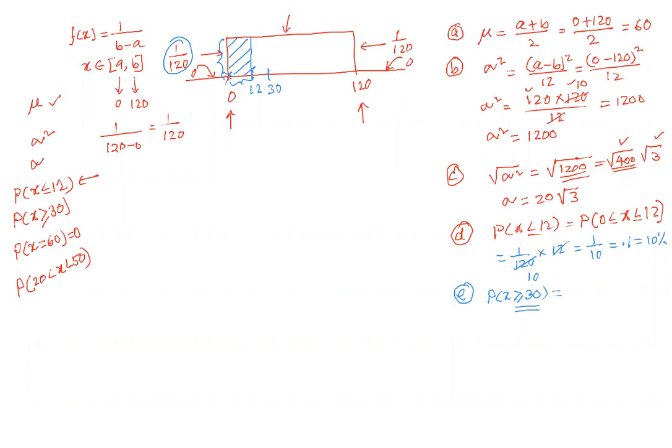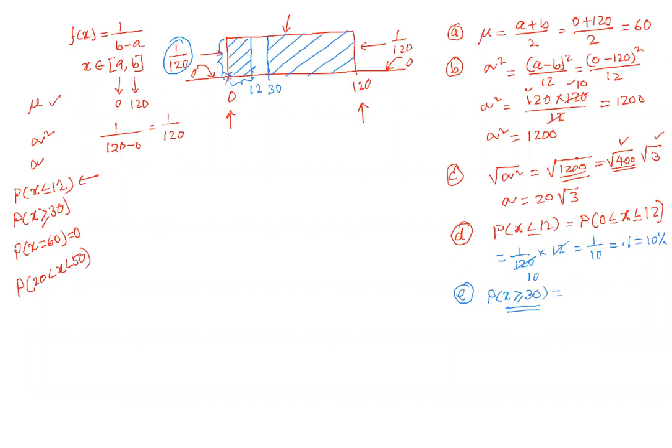So you don't look at the area to the left, you look at the area to the right. So that means we are talking about this entire area. You're looking at probability X greater than or equal to 30.